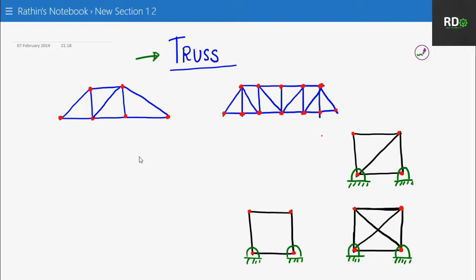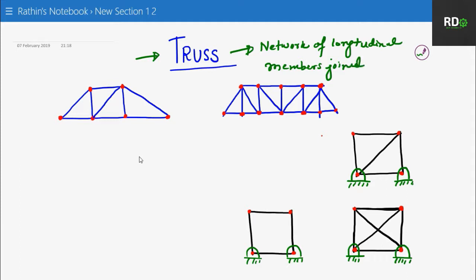As we all know, if we have to define it, a truss is actually a network of longitudinal members which are joined at ends.